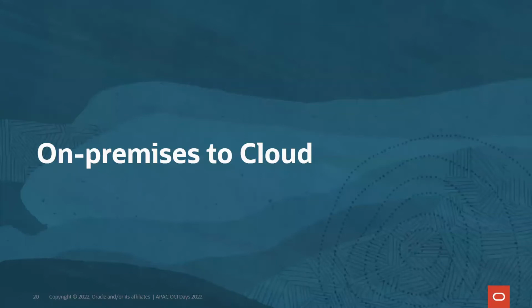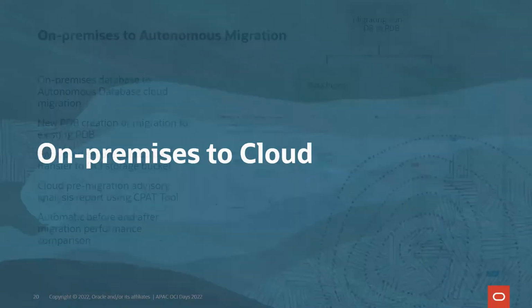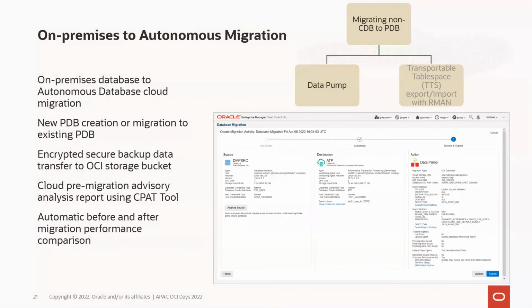Now let us see how the plan, migrate, and analyze migration steps can be applied to migrate on-premises databases to the cloud. Migration Workbench supports migration from on-premises to Autonomous Database. In this use case, we have selected an on-premises non-container database and, using the Data Pump full database migration approach, are migrating to Oracle Autonomous Database.